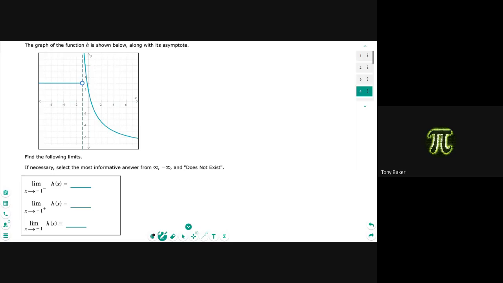Similar problem. There's a little bit of difference to it. But what is the limit as x goes to -1 from the left side? That would be 3. That's this. What about from the right side? That's going to infinity.